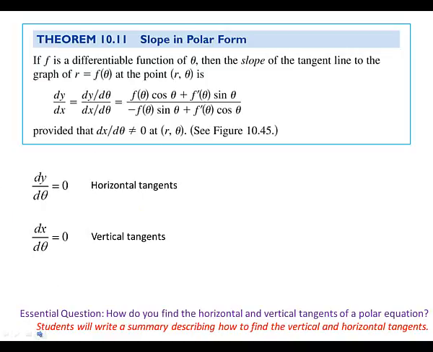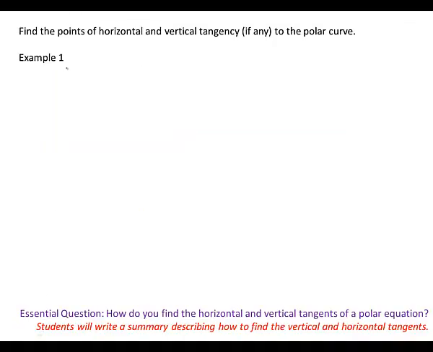Alright, everybody got what they need there? Okay. So I believe the example that they give you is r equals sine theta. Is that right? Yes. Okay. So in order to find dx d theta and dy d theta, we have to actually put that into x equals and y equals. So remember you have the polar equations x equals r cosine theta and y equals r sine theta.